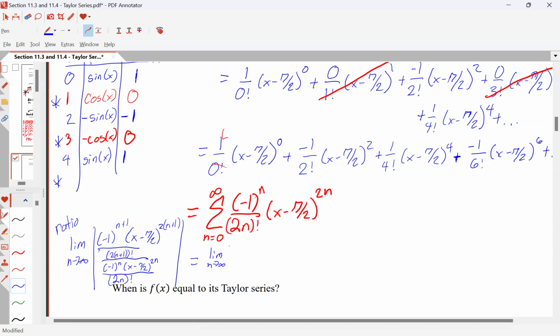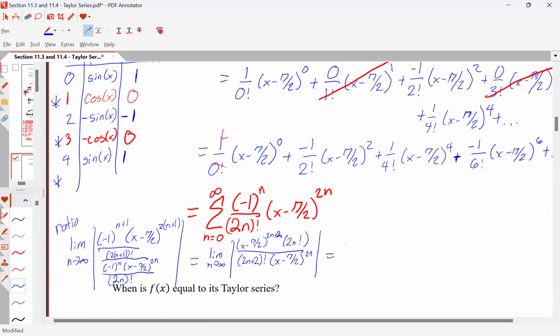This is the limit as n goes to infinity. I'm going to drop the -1s because they're inside an absolute value. They're not doing anything. We have x minus pi over 2 to the 2n plus 2 times 2n factorial over 2n plus 2 factorial times x minus pi over 2 to the 2n.